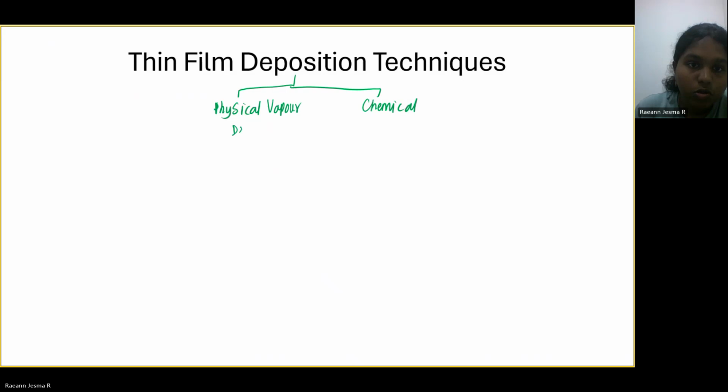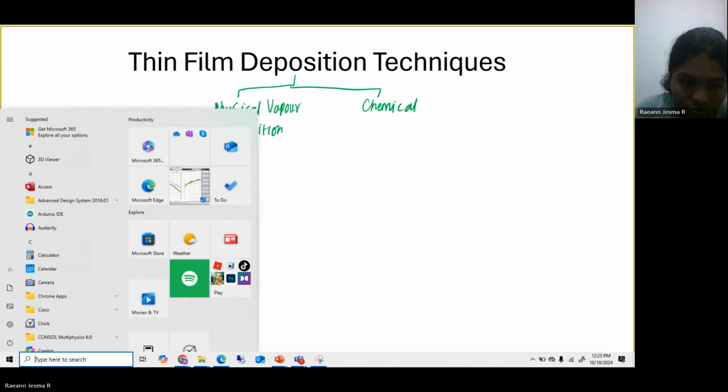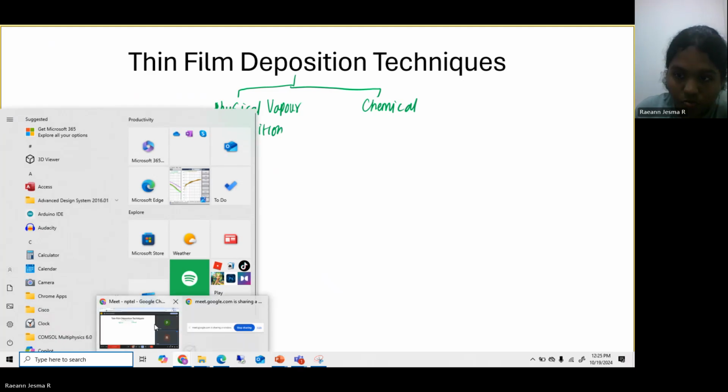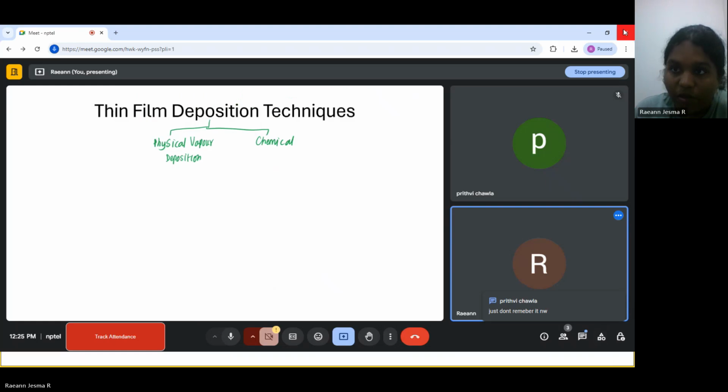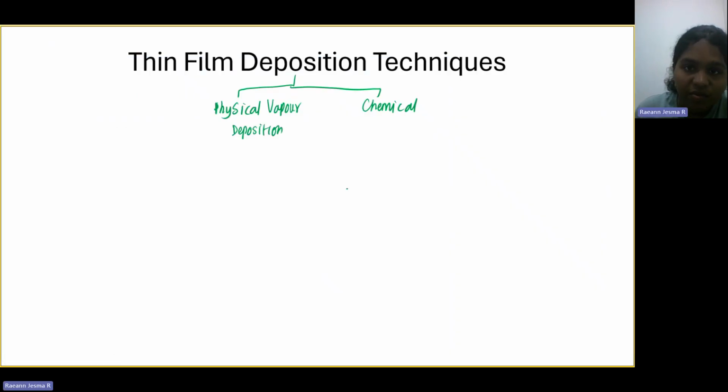One is physical vapor deposition, another is chemical vapor deposition. This is CVD, this is PVD. In physical vapor deposition, we use physical means to vaporize the sample, to convert whichever material we want to deposit into vapor. For this, we have two kinds of methods. One is sputtering and the other is evaporation.